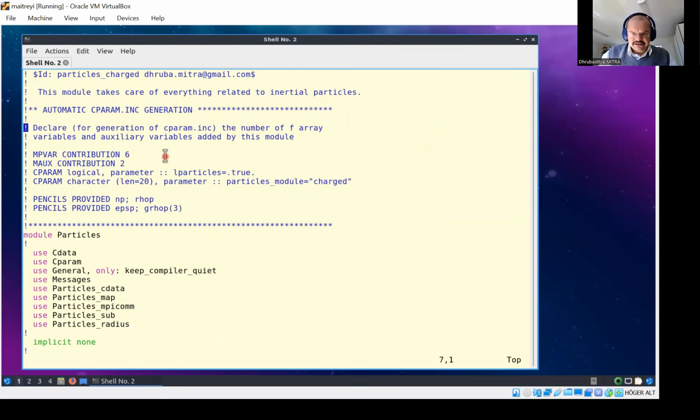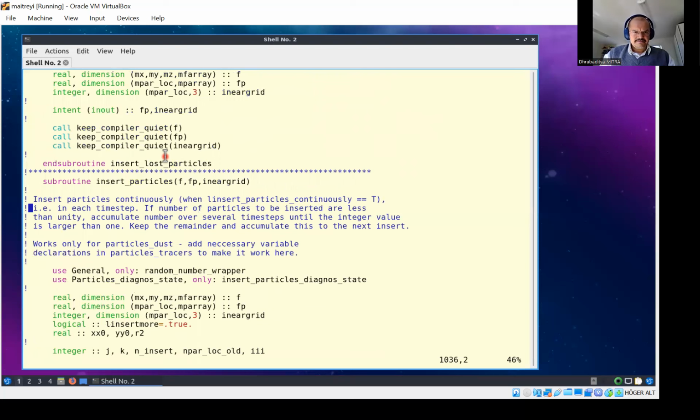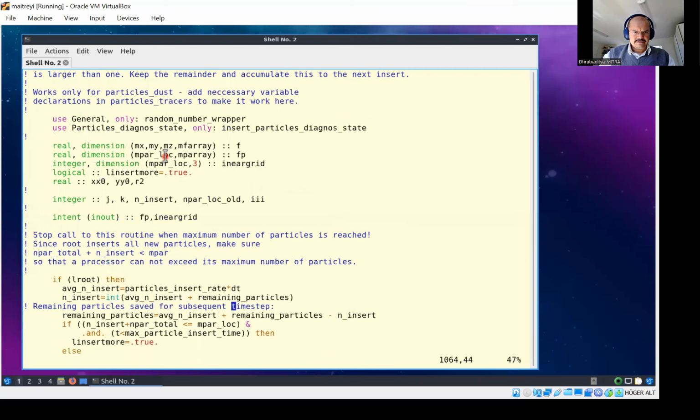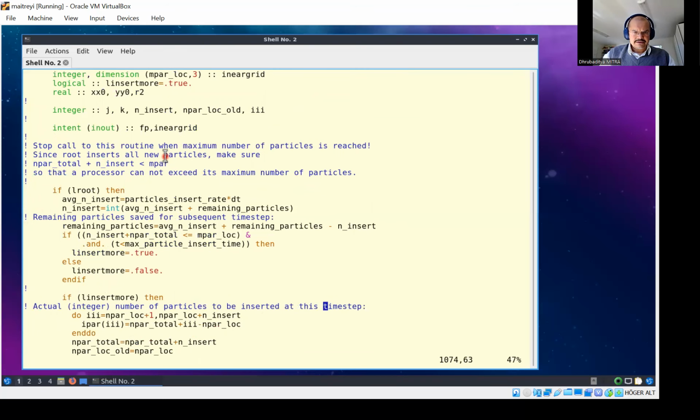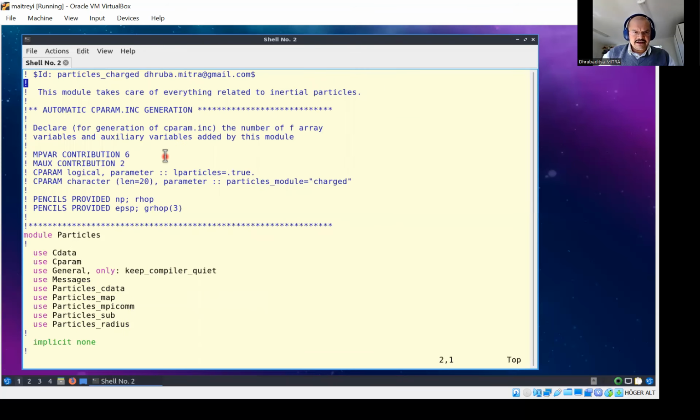And let me see that. It should be in one of the earlier things.